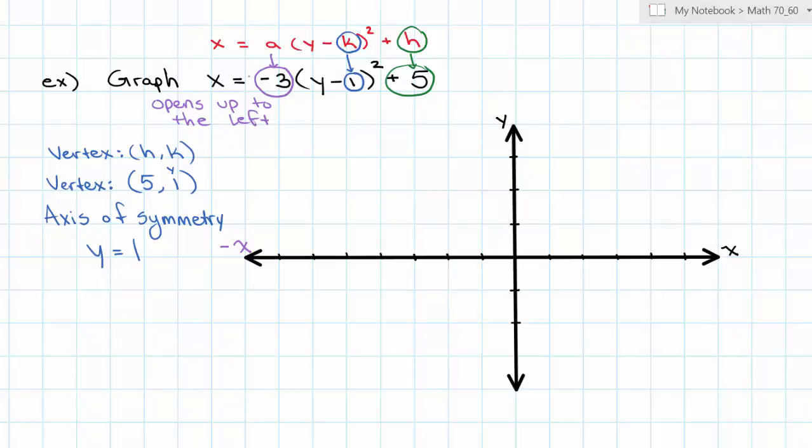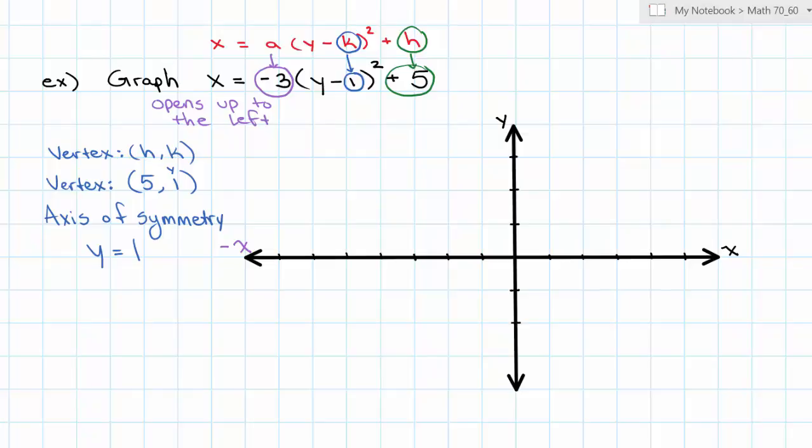So here we have a few options. We could choose a table of values to plot points, or if we already know the relationship based off of the basic graph, how it's stretching it by a factor of 3, you can use that basic graph to help you graph this. I'm going to do a table of values for this.